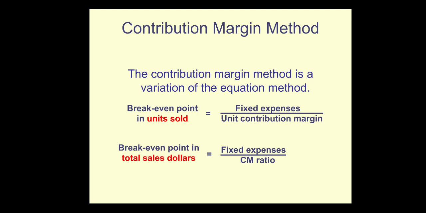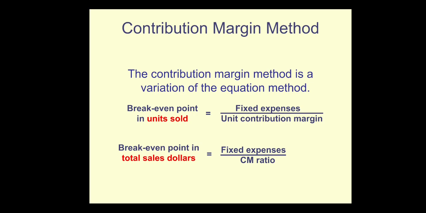If you want to calculate break-even point in terms of quantity, you use this formula. Fixed cost equals $80,000, divided by unit contribution margin. Unit contribution margin equals price per unit minus unit variable cost. So price is 500, unit variable cost is 300.